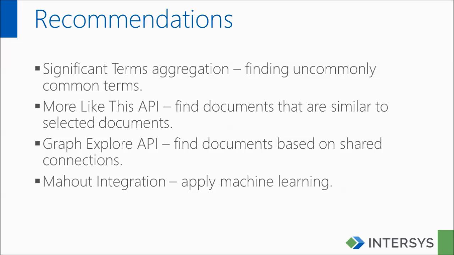Another thing that's really popular these days is recommendation systems. Recommendation systems gather relationships between people and things in order to make recommendations about information that the current user might be interested in, based on what other people with similar interests are linked to.